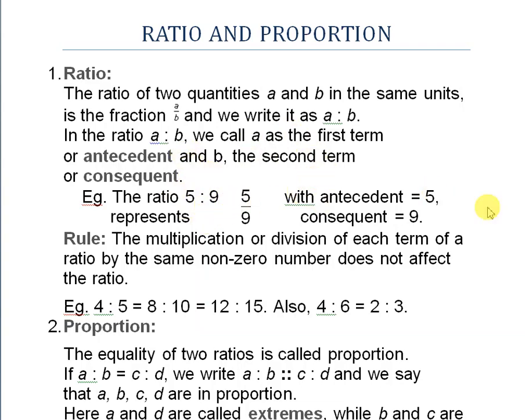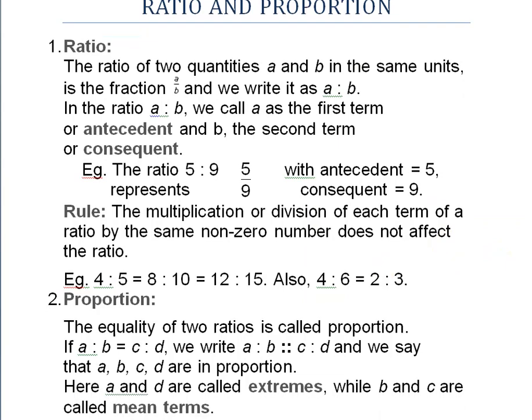There is a rule: the multiplication or division of each term of a ratio by the same non-zero number does not affect the ratio. For example, 4 ratio 5 equals 8 ratio 10 equals 12 ratio 15. Also 4 ratio 6 equals 2 ratio 3.